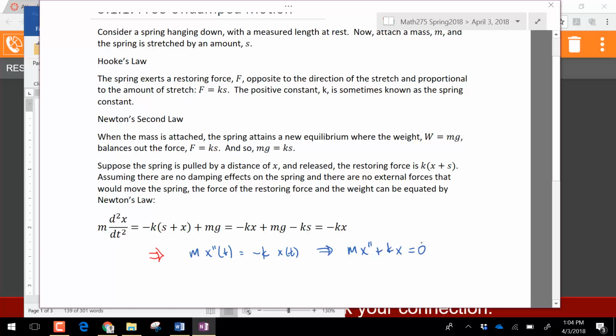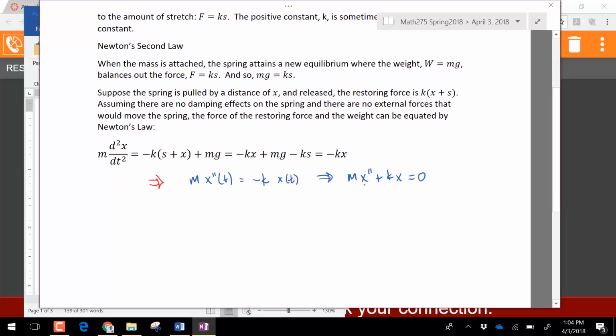Now, we generally want this to look like your standard differential equation, so we generally want the first coefficient to be 1. So let's divide by m on both sides. We get x double prime plus k over m x is equal to 0.